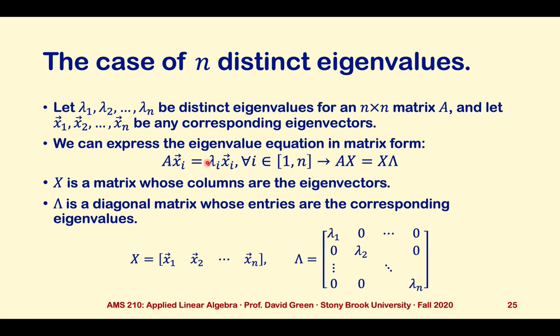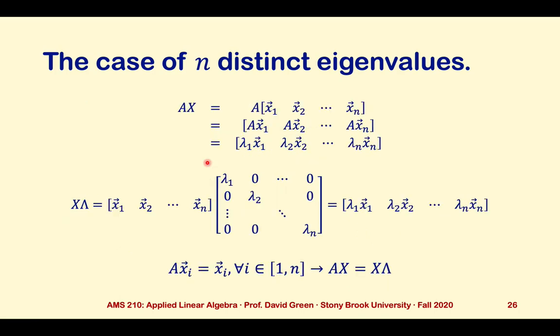Why is this the case? Let's just walk through it to demonstrate that this really will work. A times this matrix X, this matrix of eigenvectors. We propagate the matrix multiplication into each column: A x1, A x2, A xn, and so on.